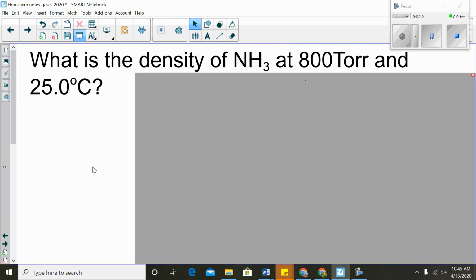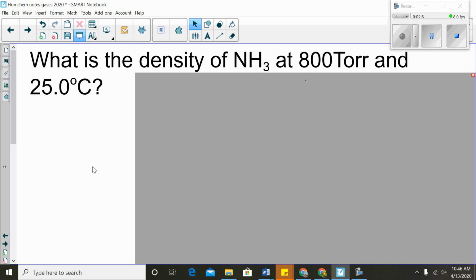Okay, so this question is asking, what is the density of NH3 at 800 torr and 25 degrees Celsius? It looks like you have some information, but not quite enough to solve the problem. 800 torr is P for pressure, 25 degrees Celsius is our T for temperature.